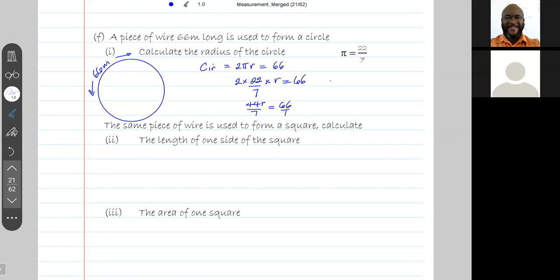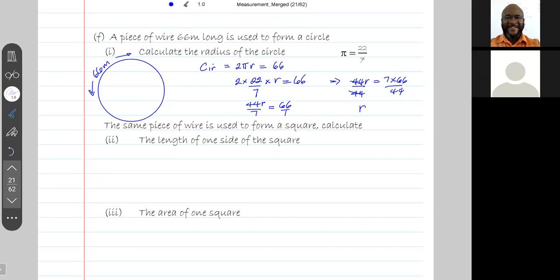Cross multiply and we get 44r is equal to 7 times 66. Divide both sides by 44. And we get r. I could say 4 into this goes 11. Or simple, just use my calculator and work it out.